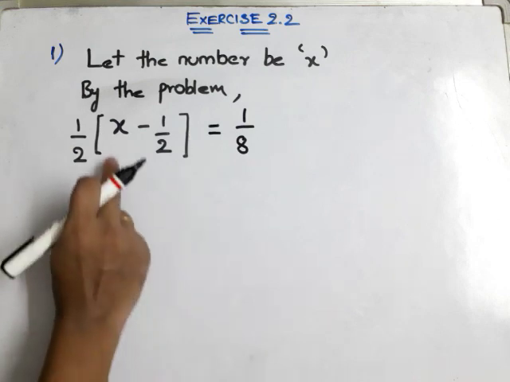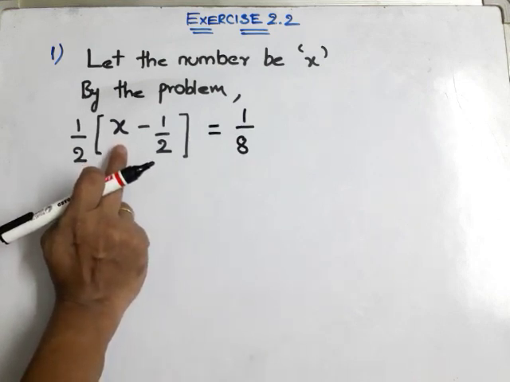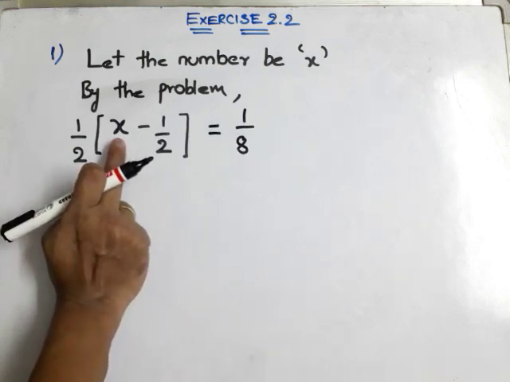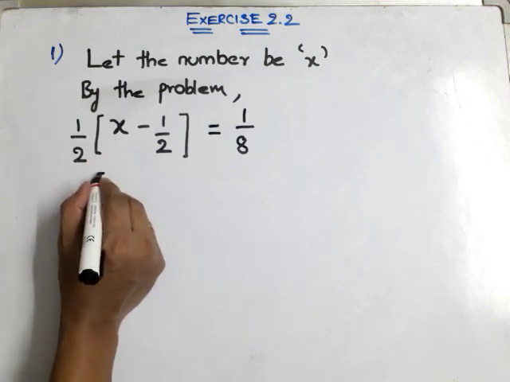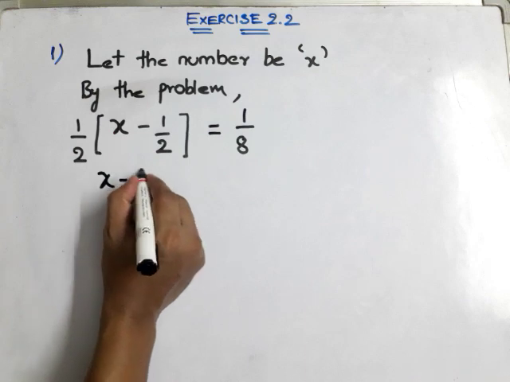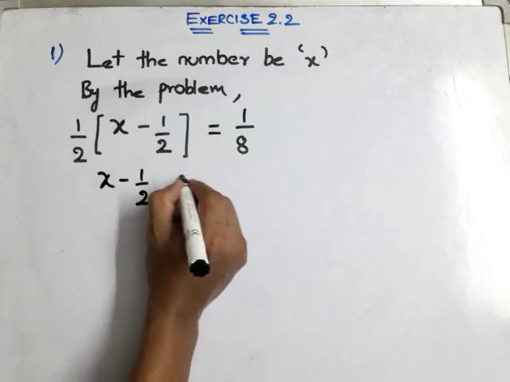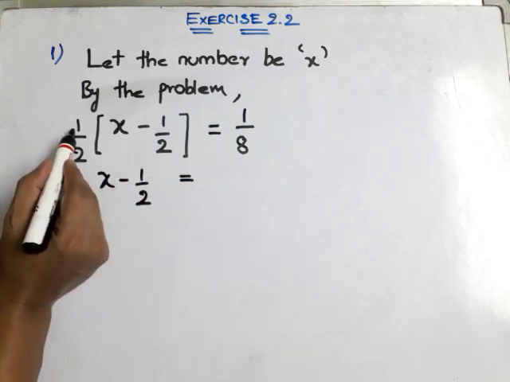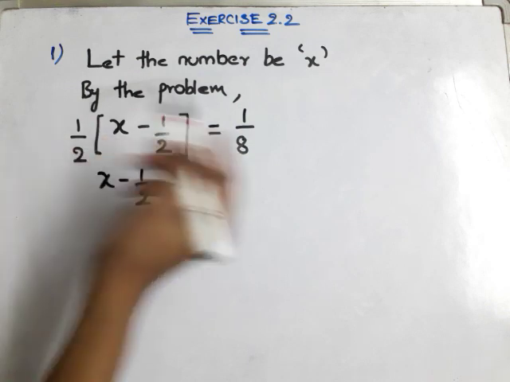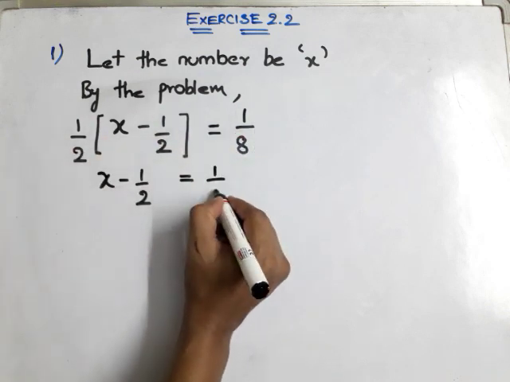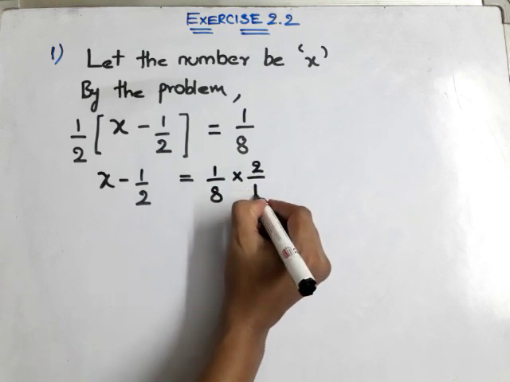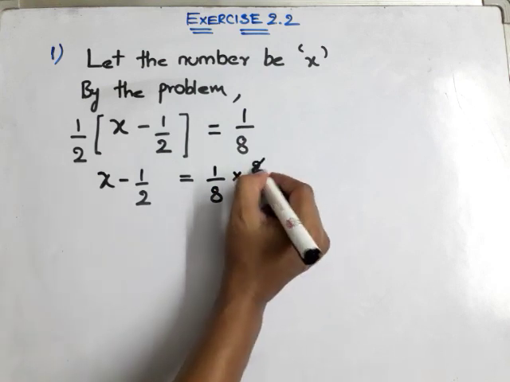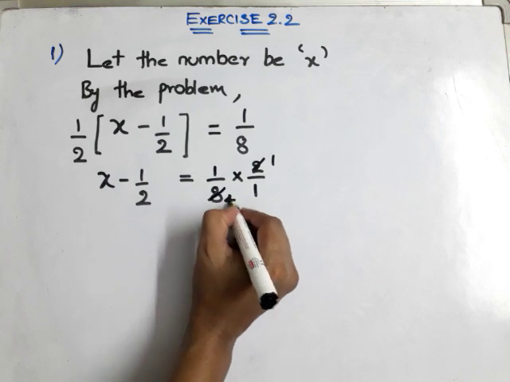Now they are asking what is the number. That means they are asking what is the value of x. So for that, keep this x minus 1 by 2 here. This 1 by 2, if we transpose to the other side, it will become 2 by 1. 2 ones are 2, 2 fours are 8.